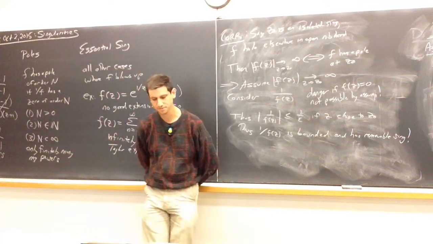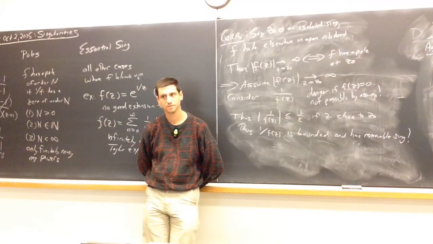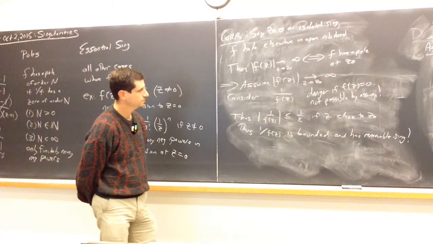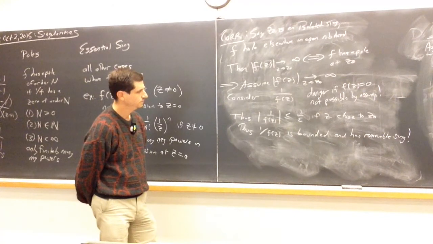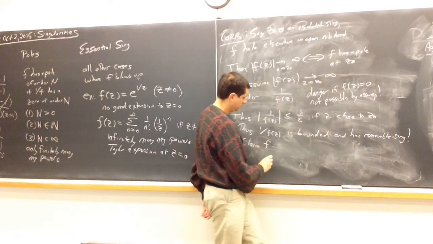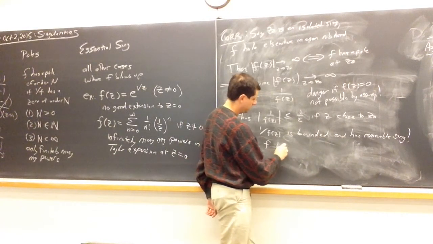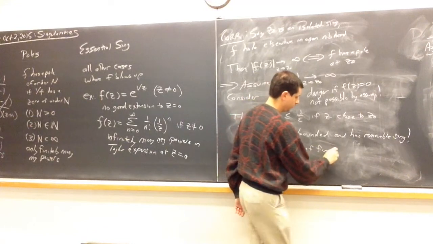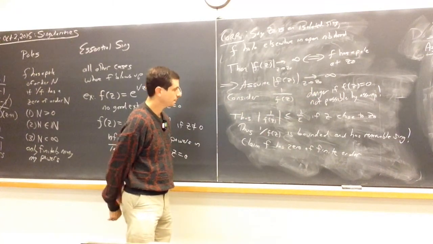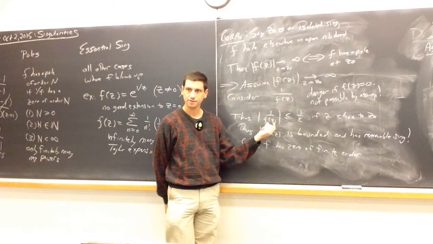So now what can we deduce from this? I want to claim f has a 0 of finite order. This function 1 over f is holomorphic.